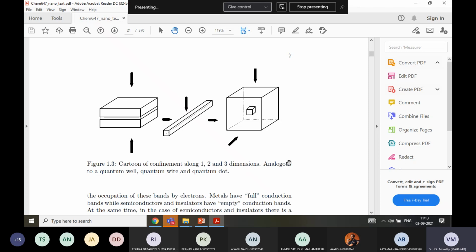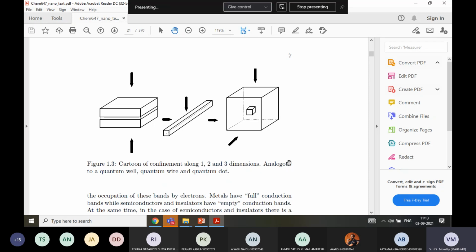In a three-dimensional structure, in a three-dimensional material, we must understand that the outermost energy level electron is able to move in all three dimensions, X, Y, Z, but not in Cartesian coordinates.